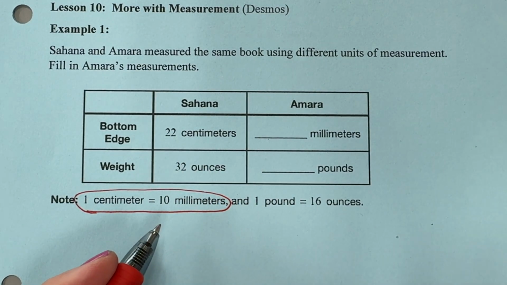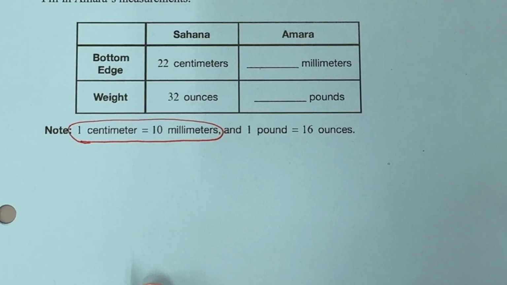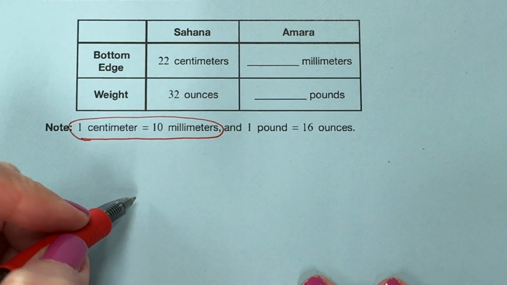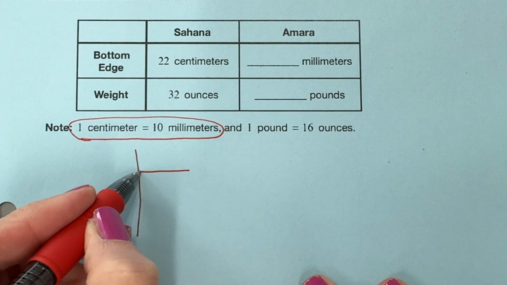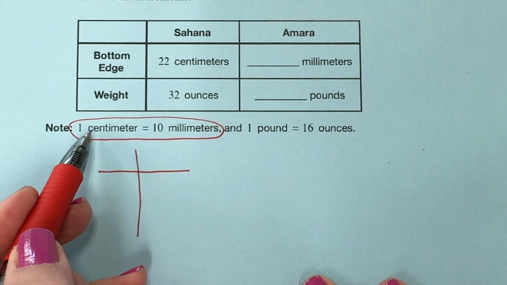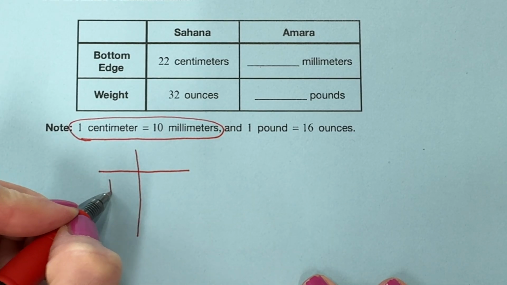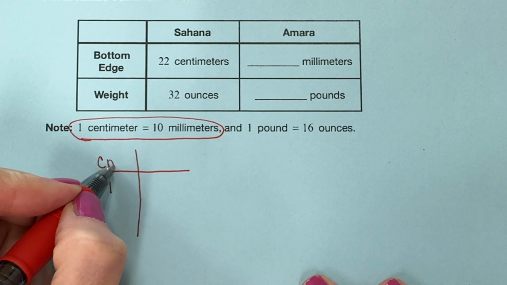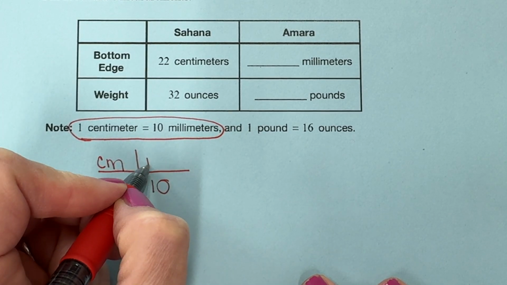So like any other problem in this unit, we can use a T-chart. Watch what I do. So I'm going to make a T-chart, and on that T-chart, I'm going to put the entire ratio that I know. I know that 1 centimeter equals 10 millimeters.